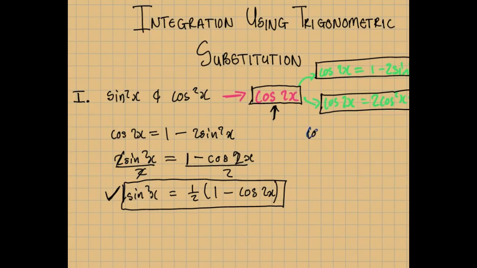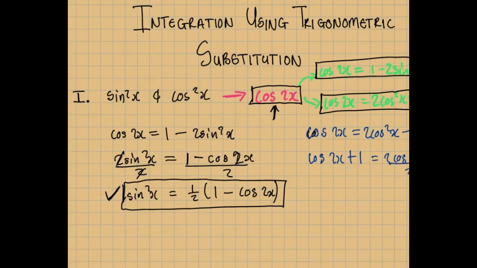Maybe let me write in a different crayon. Cos 2x will be equal to 2 cos squared x minus 1. I mean, you can remember this. Well, let's make cos squared x the subject. In here, we just have to take this negative 1 to the other side. It becomes cos 2x plus 1 is equal to 2 cos squared x.